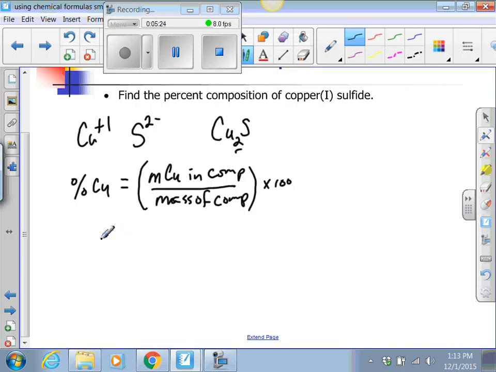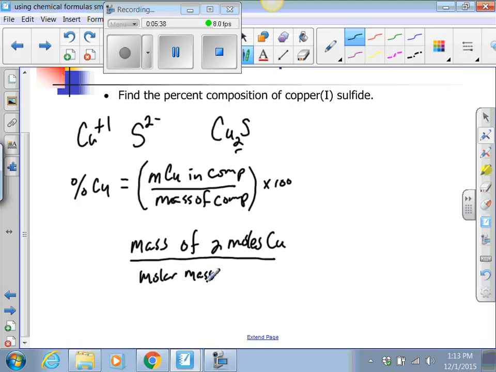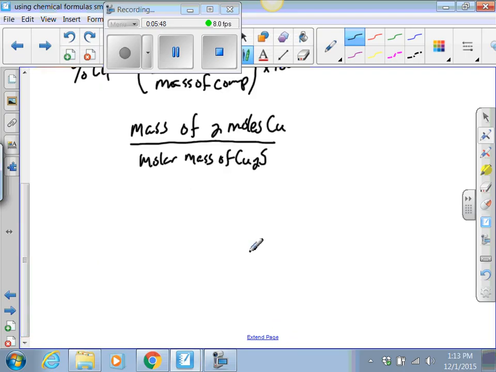We would say that we would have the mass of 2 moles copper over the molar mass of Cu2S. Okay? And that's going to give us our percentage of Cu.